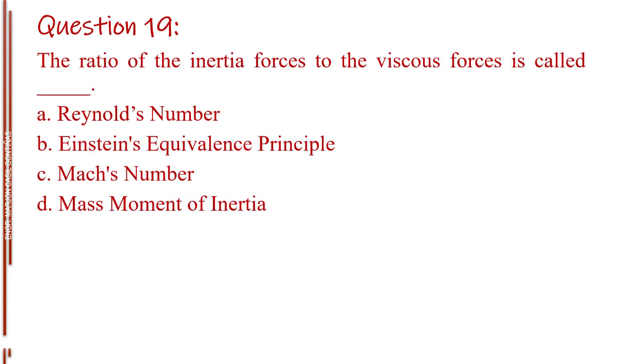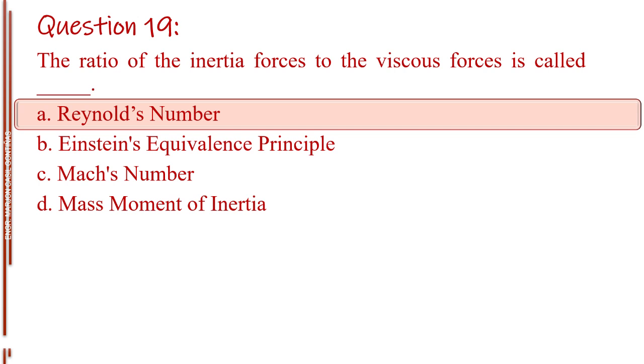Question number 19. The ratio of the inertia forces to the viscous forces is called blank. Letter A, Reynolds number. Letter B, Einstein's equivalence principle. Letter C, Mach's number. Letter D, mass moment of inertia. The answer is letter A, Reynolds number.